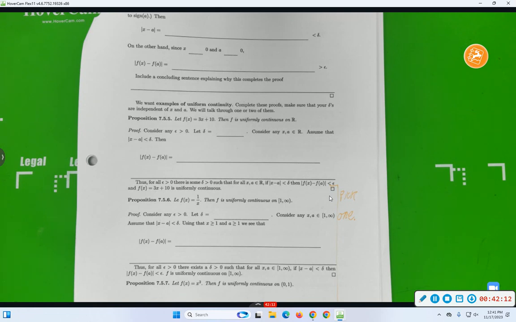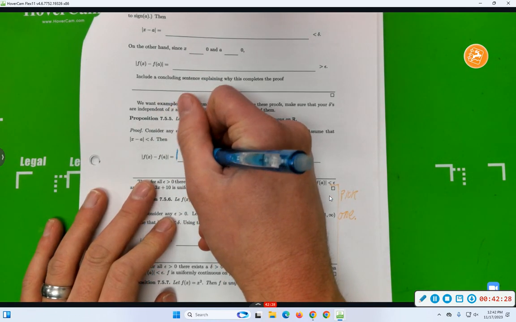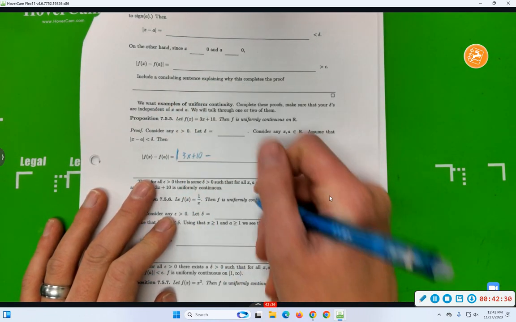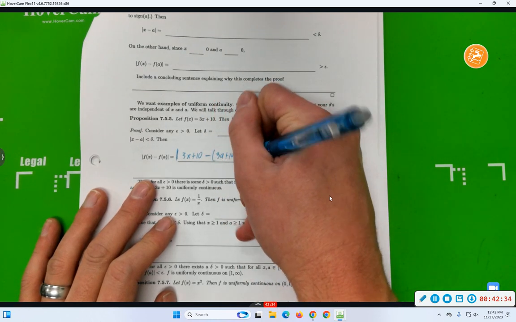We will assume that the absolute value of x minus a is less than delta. We need to show this is less than epsilon, so let's just mess around with what that is. And this is going to feel really light now. I know what f of x is. It's 3x plus 10. I know what f of a is. It's 3a plus 10. Those parentheses matter.